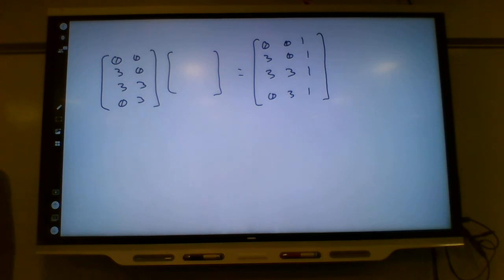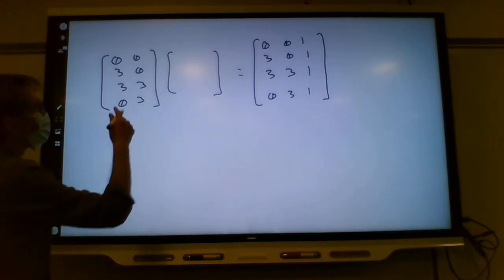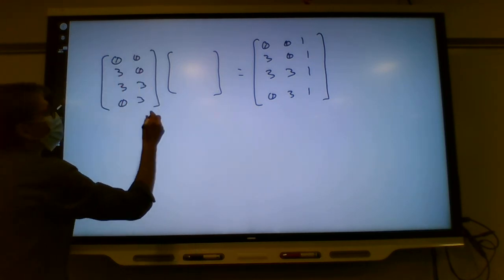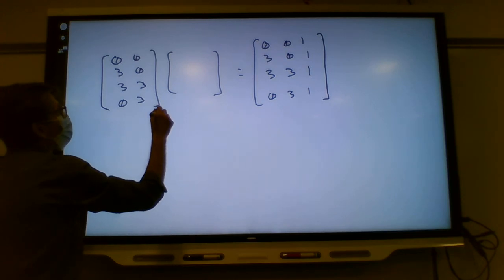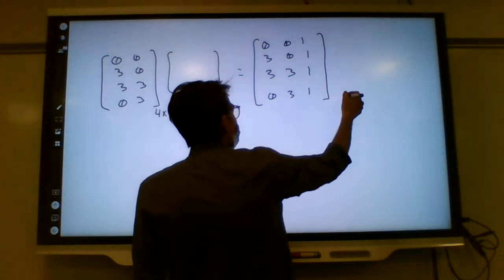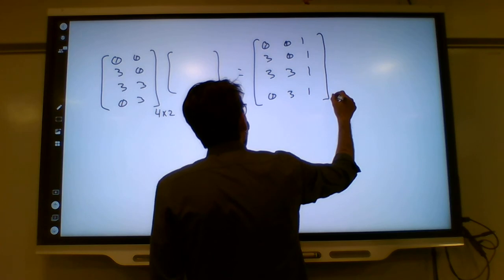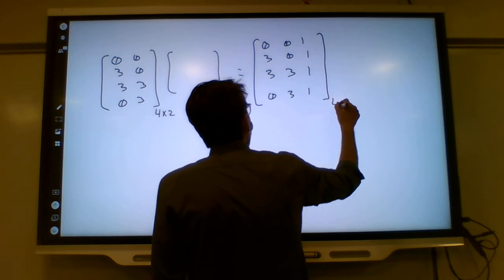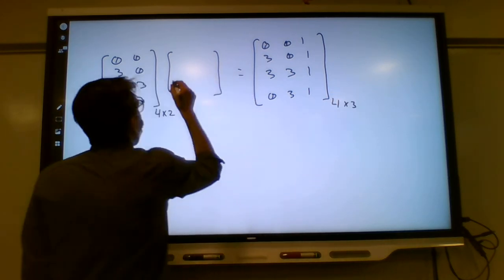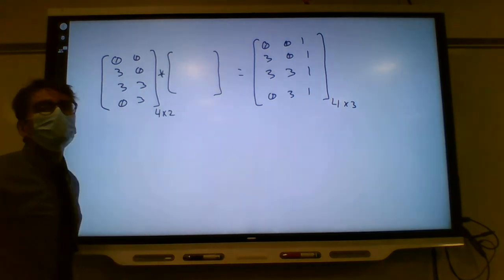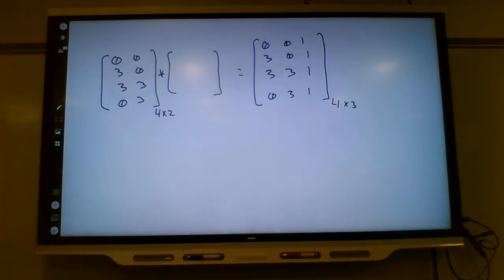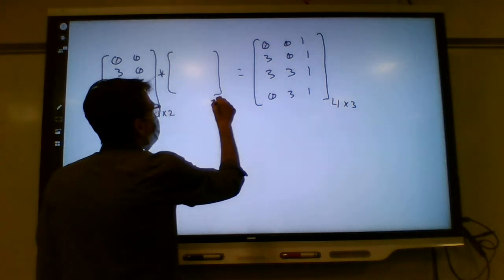the translation step. So how big is our matrix right here? This one's 4 by 2. And our solution over here? 4 by 3. So how big would our matrix have to be right here? 2 by 3. We need a 2 by 3 matrix right here if we're going to do this.